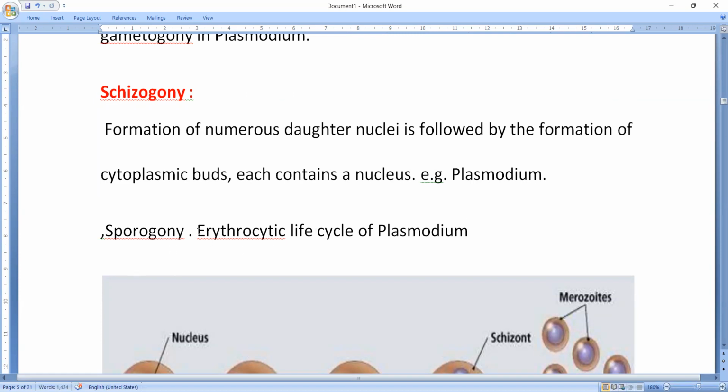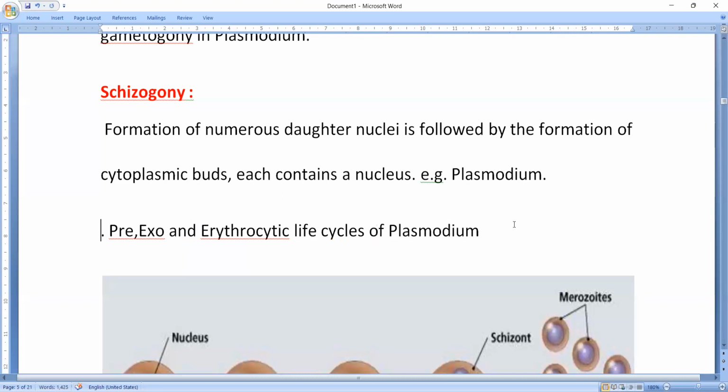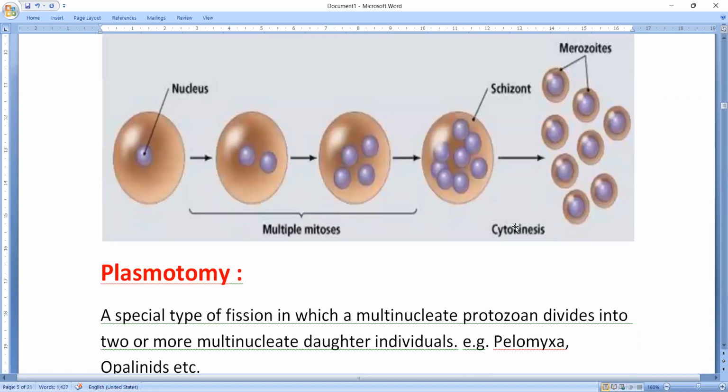The pre-erythrocytic, exo-erythrocytic and erythrocytic life cycles of Plasmodium are all examples of schizogony. And also sporogony is an example of multiple fission. So this is the diagram.